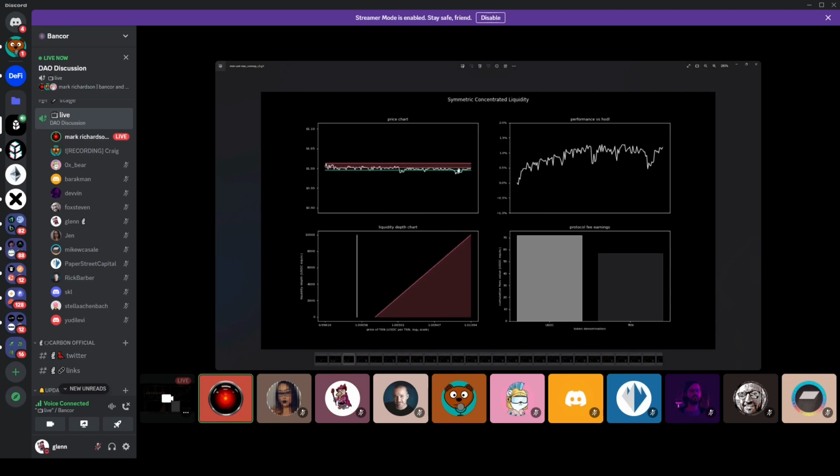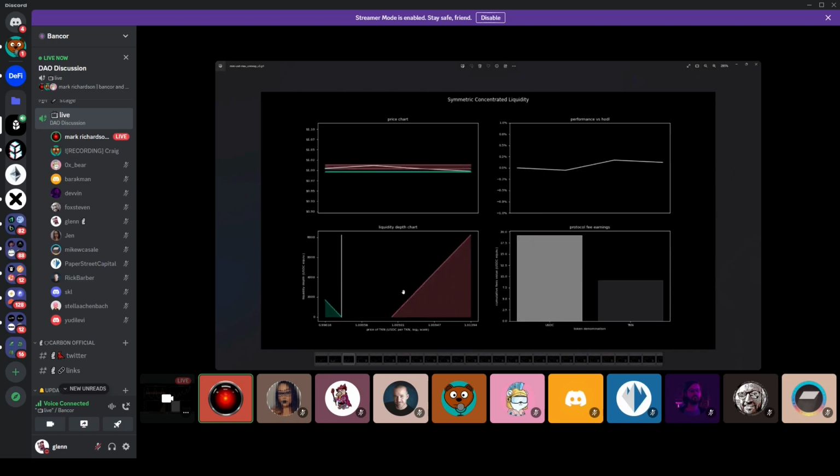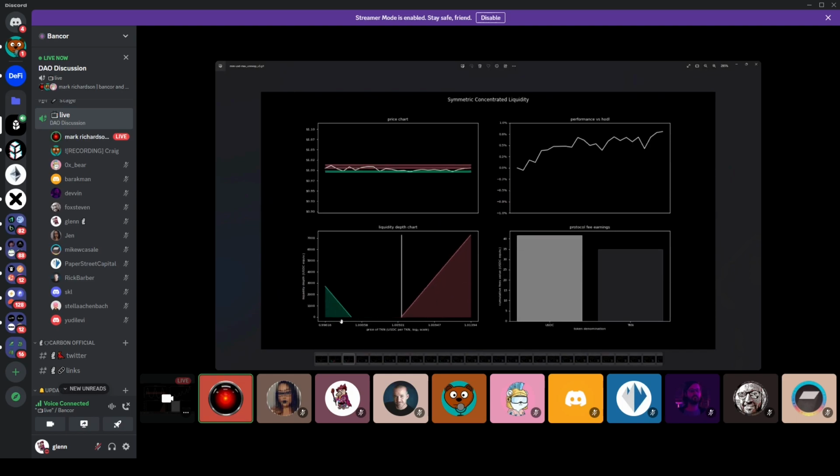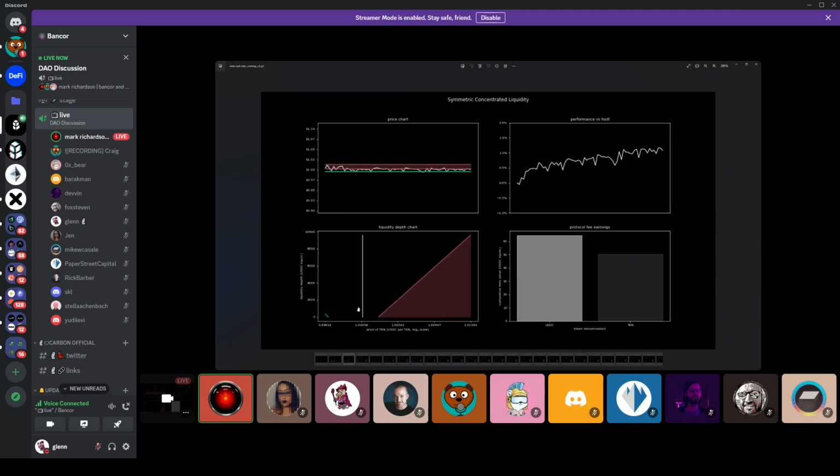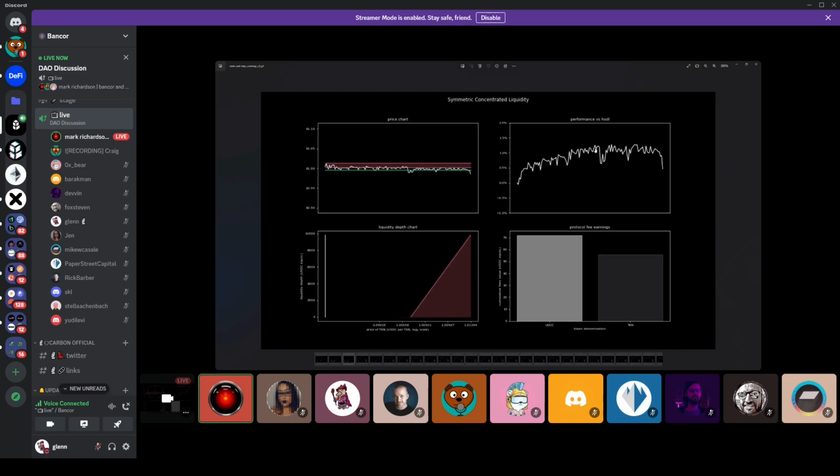And so you can see when the price is completely outside of this range, we've only got MIM in this case. And when the price is starting to move into the red range, we're getting a little bit more USDC liquidity and so on. And you can see in this chart, in the top right, just how profitable this is, right?